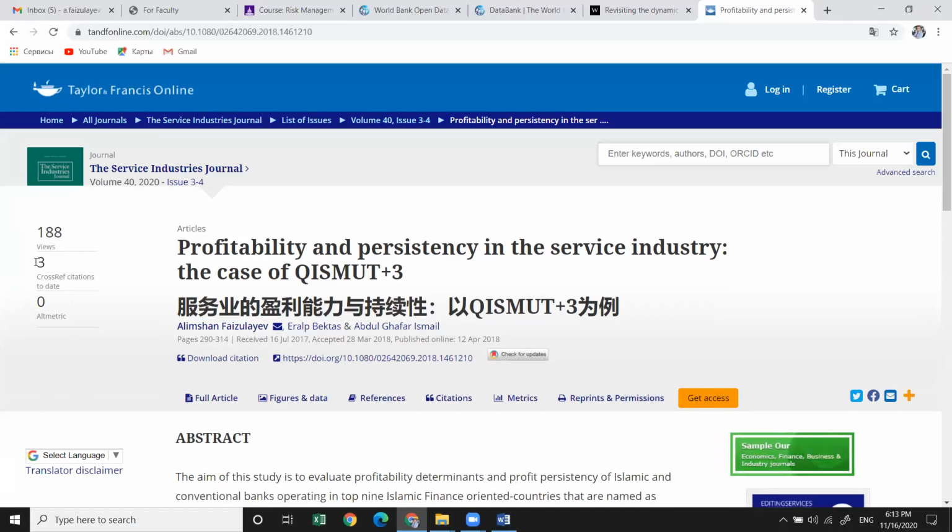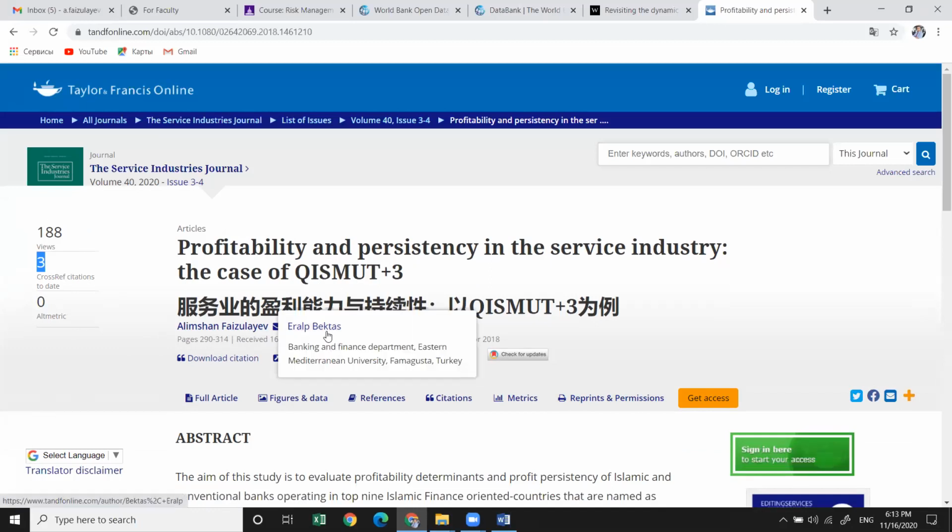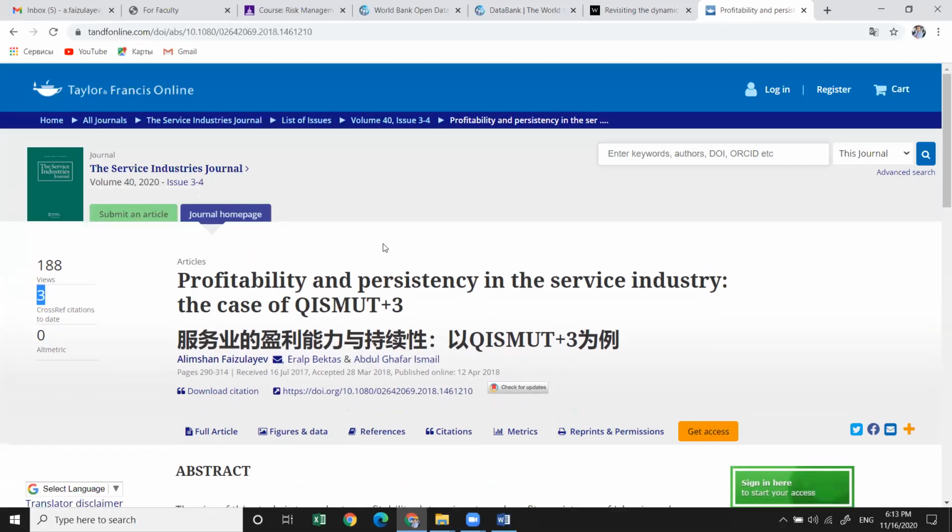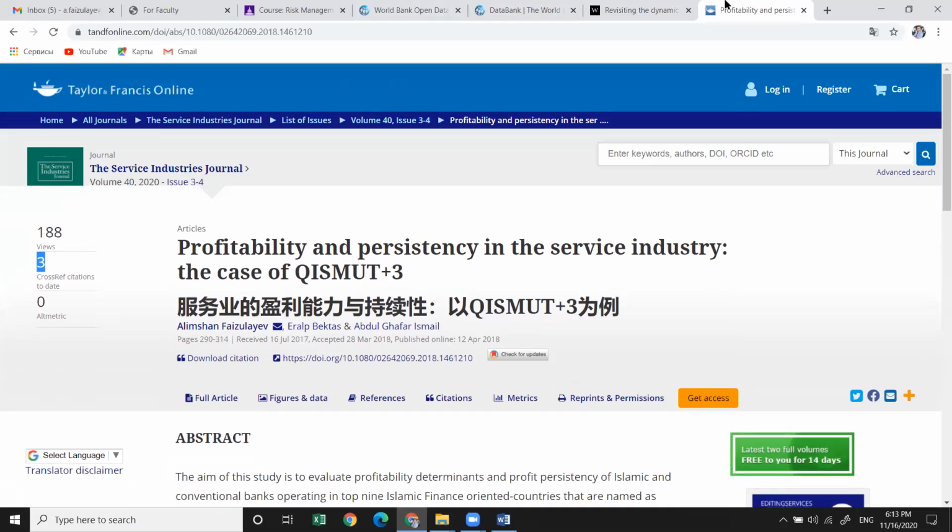As you can see, 3 people used this article, but 188 viewed it, saw it and read it. Only 3 of them used my article as an example to be referred to. You got my point? Your job is not to make your work rich. Your job is to make your work to be used, to be beneficial.